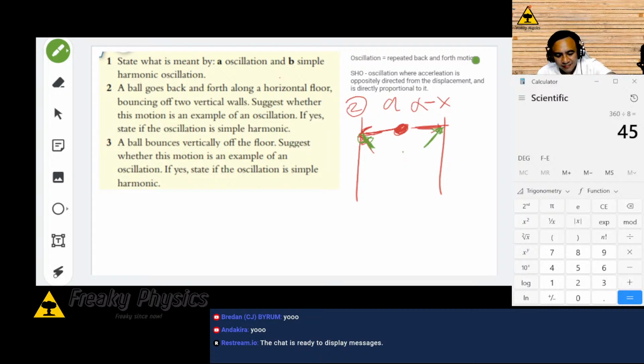Let's assume there is no gravity. Does the ball actually experience a force everywhere it goes? No, only at the walls. So force only at the walls, right?